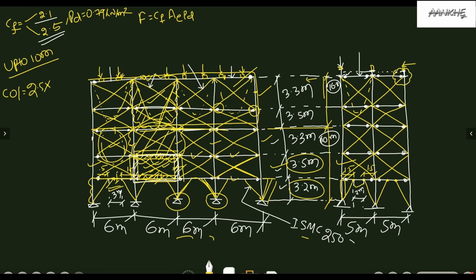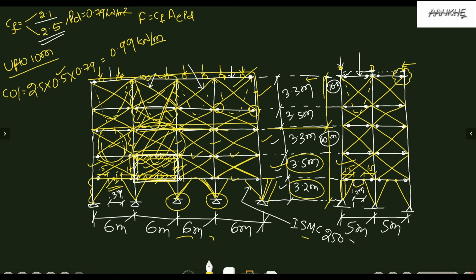Our CF is 2.5, AE is 0.5 and PD is 0.79. It is 0.9875. Let us take 0.99 kilonewton per meter. Here mark that I am only taking the cross sectional depth, I am not taking the length. That is why I am getting the value per meter. I have already explained it.